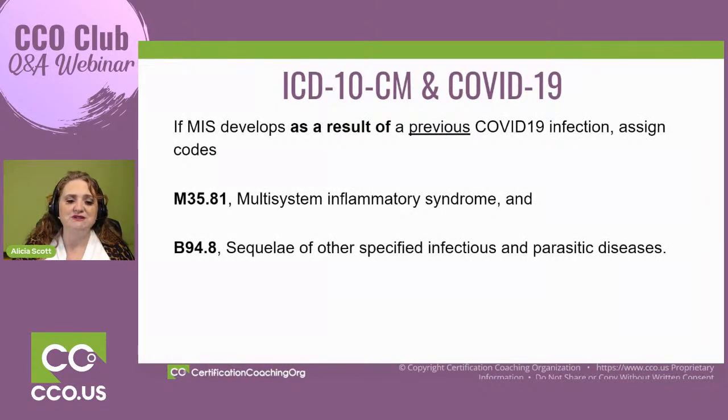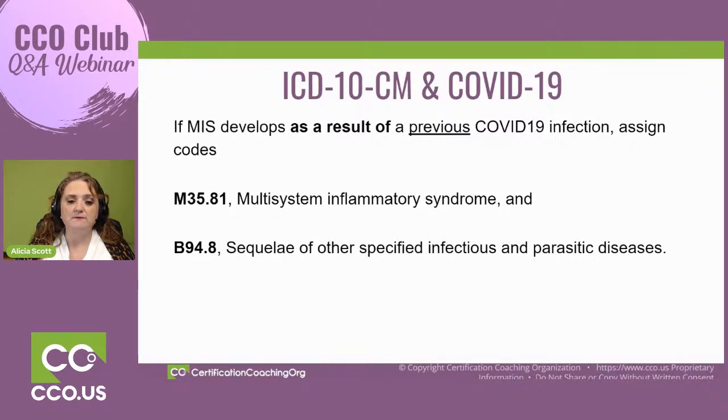Then you're going to use the M35.81, and the next code will be the B94.8 because it's a late effect of specified infection or parasitic disease, which would be COVID-19. So M35.81, late effect B94.8 is the proper way to code that.